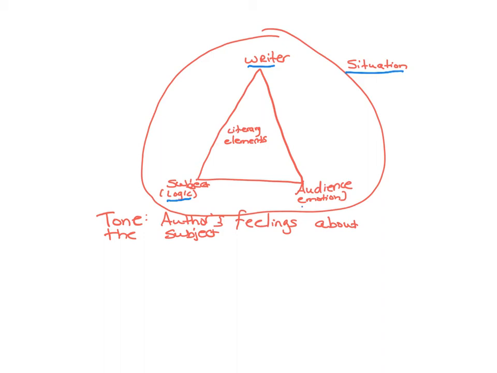What emotion do I need to evoke to accomplish my purpose, and what literary elements do I need to use? And he takes, or she takes, all of that into account to create tone. And tone is the author's feelings about that subject. How does he or she feel about what she's writing about?